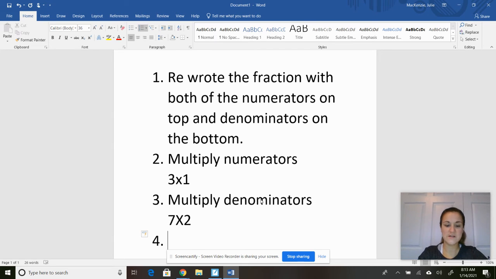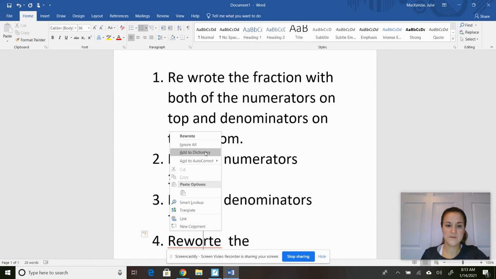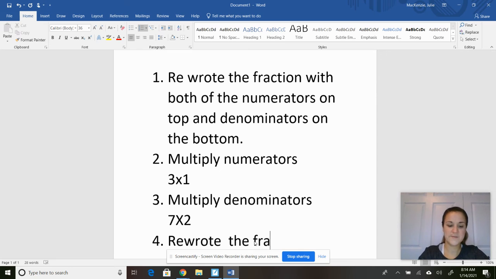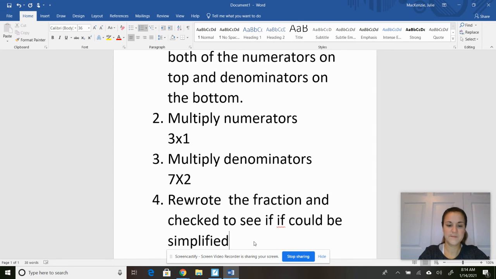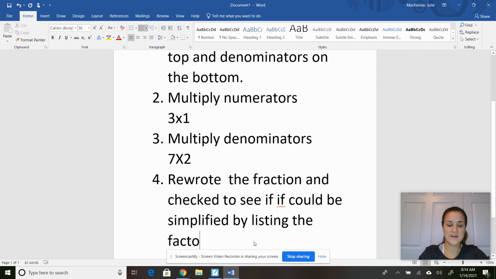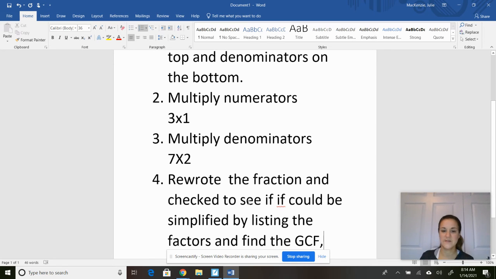Finally, once we had the answer, we rewrote the fraction and checked to see if it could be simplified by listing the factors and finding the GCF, greatest common factors.